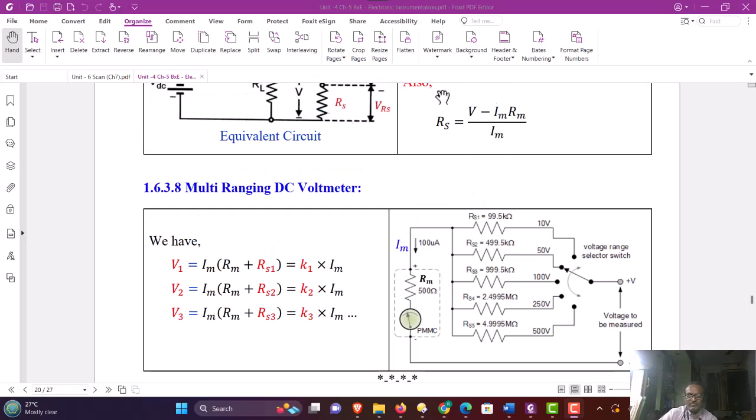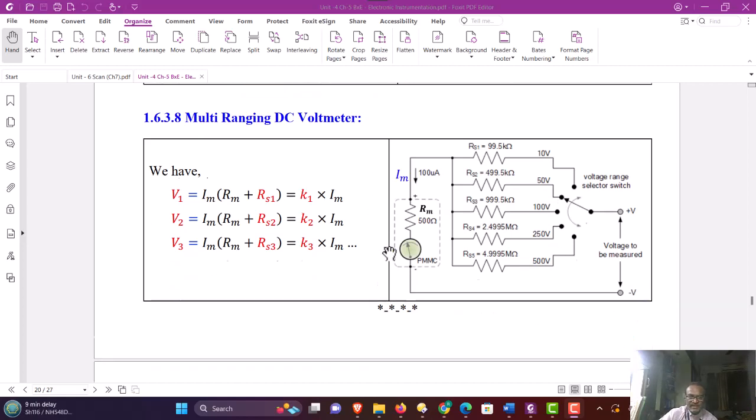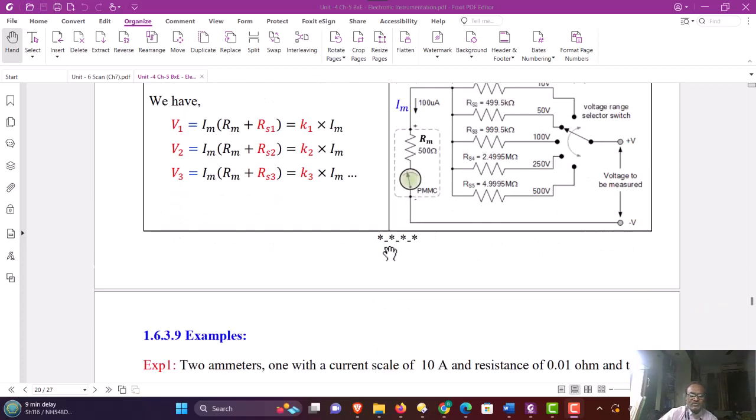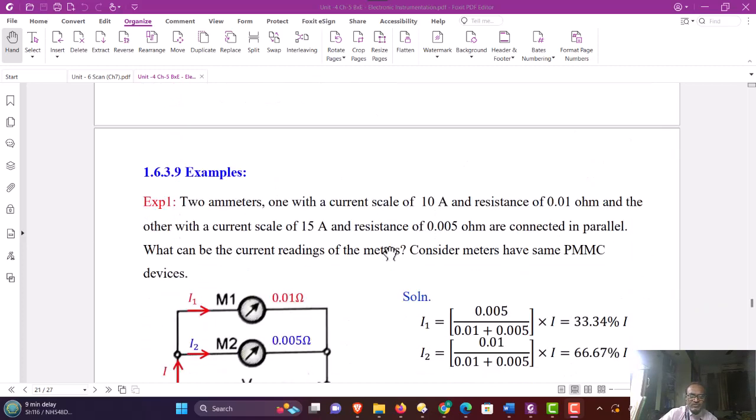From the formula of Rs, the values of Rs1 and Rs2 up to Rs5 can be calculated for various values of V1, V2, V3 up to V5 as the maximum range values. And that's all about the multi-ranging DC voltmeter. That's all about this unit.